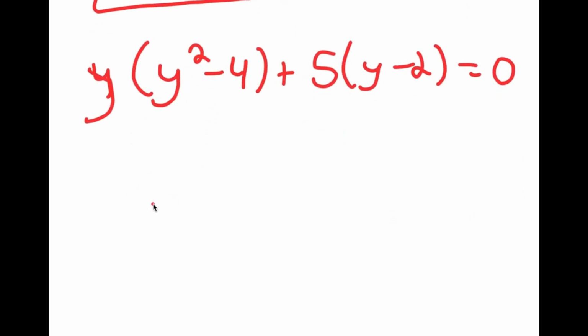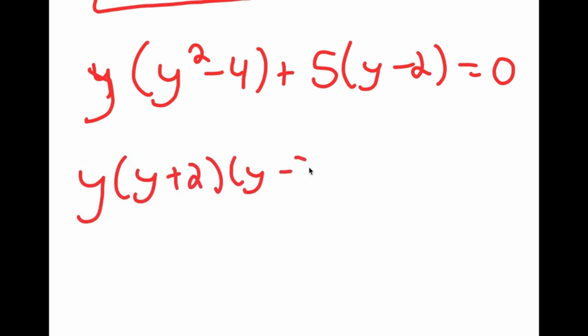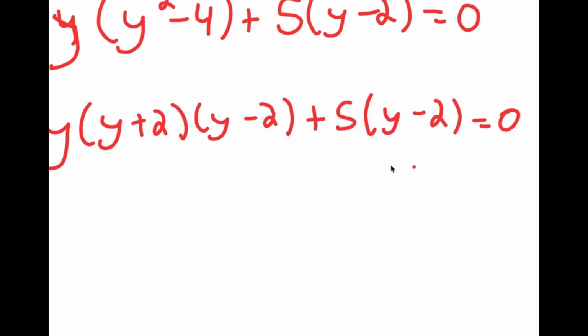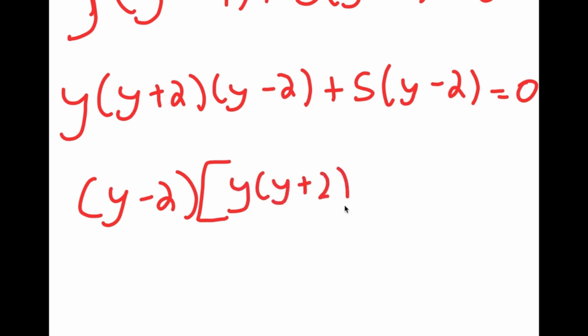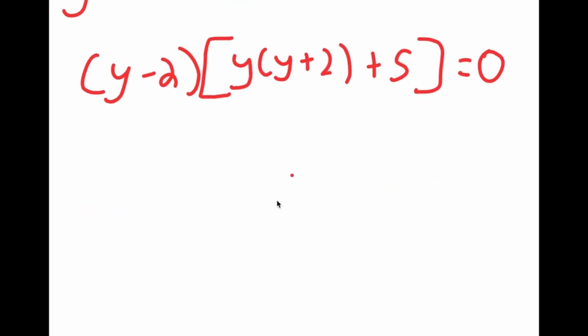Now, y squared minus 4, I can rewrite that as y plus 2 times y minus 2. And now from here, notice that the only common factor for all these terms is y minus 2. So I have y minus 2 times y plus 2 plus 5 is equal to 0.